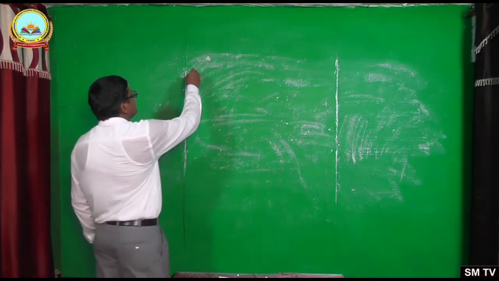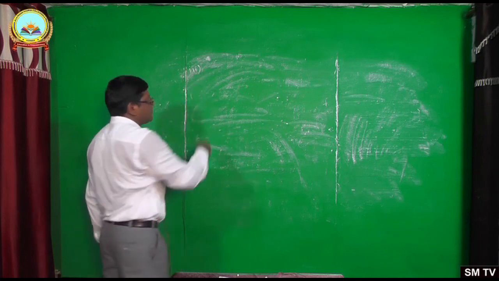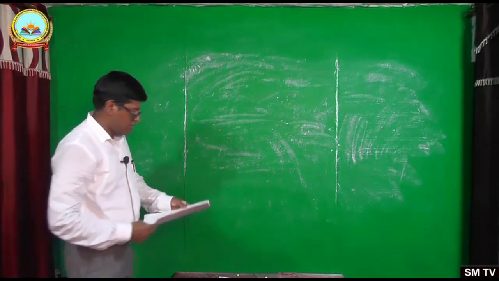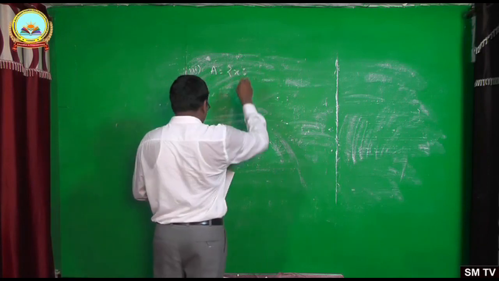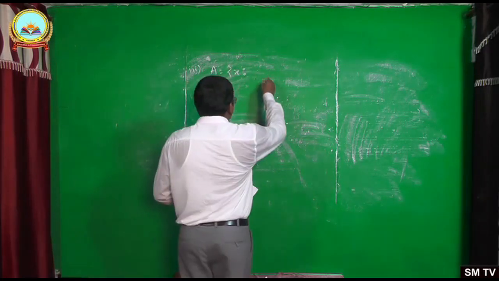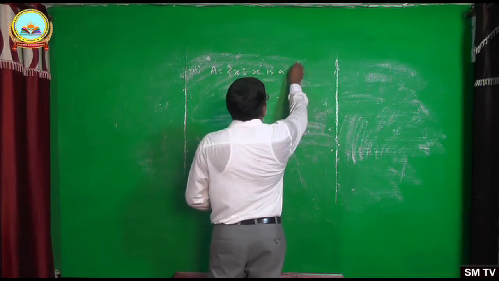We shall take up one more problem, the third one. A is the set of all x such that x is a letter in the word follow.